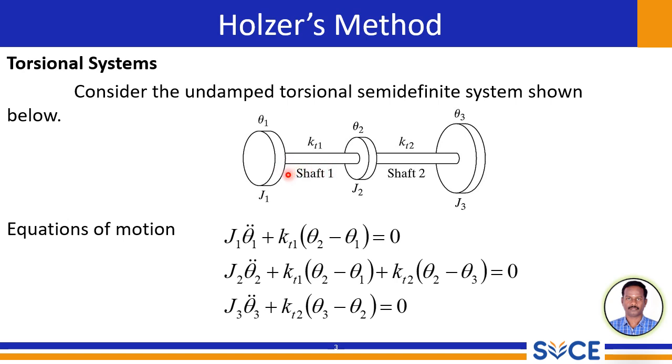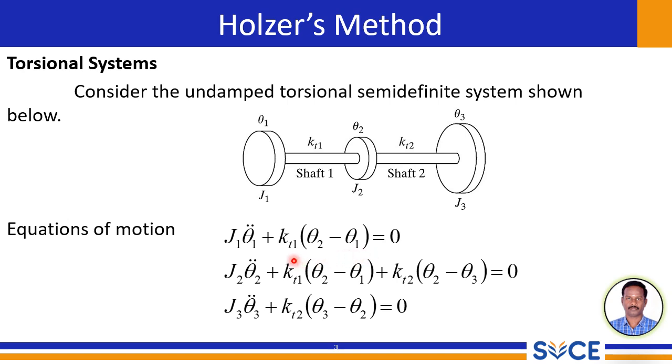What is inertia torque? Inertia torque is nothing but polar moment of inertia multiplied by the angular acceleration. So this is the inertia torque, which is to be equal and opposite to the stiffness force of the system. Stiffness force is equal to stiffness times the displacement. Here it is angular displacement.